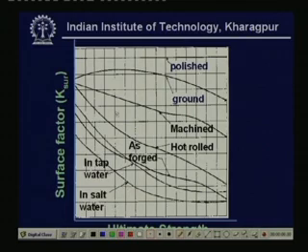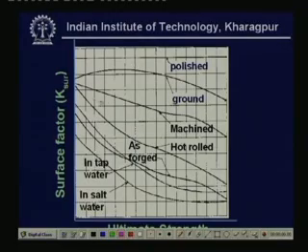That means the lower the surface finish factor, the lower will be the endurance limit, so that the machine member can withstand fewer cycles compared to the earlier situation when it is acted upon by the same stress level. So, you can understand how important the surface factor is when we are considering the design of a machine element.